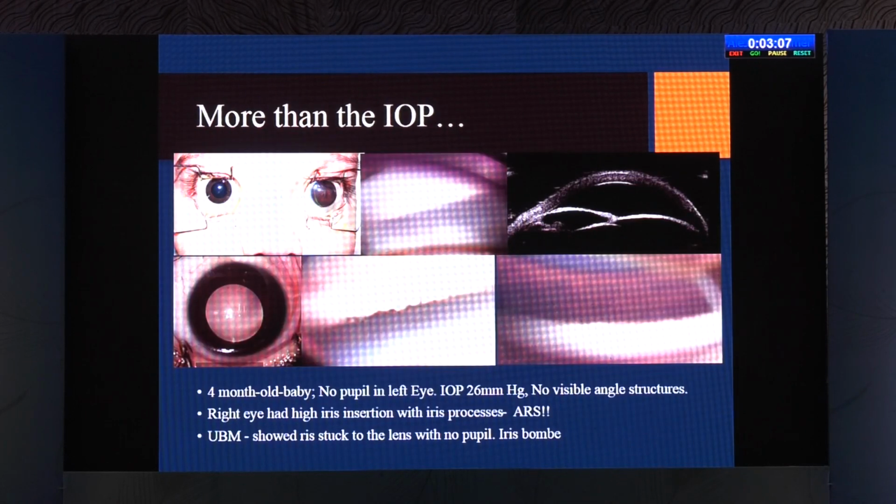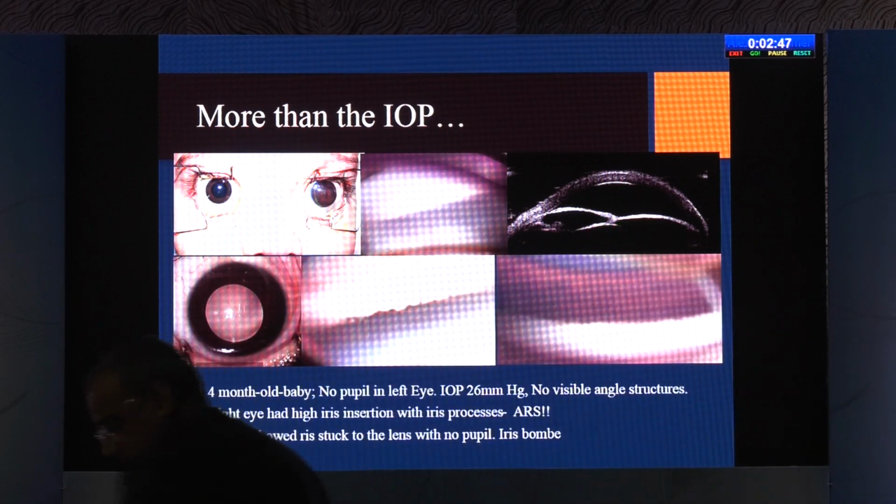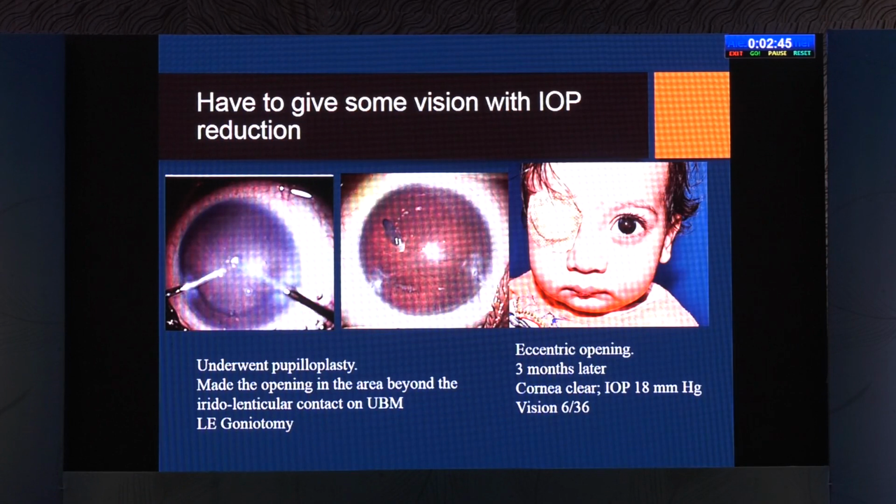Again, more than the IOP, this 4-month-old baby with no pupil in the left eye. You can see this eye has no pupil. It's actually a condition called achoria, where there is no pupil formed. It's imperforate. And the IOP is 26 with no visible angle structures. And we saw on the UBM that this was actually adhered to the lens. So when you have something like that, the better thing to do is prudence.